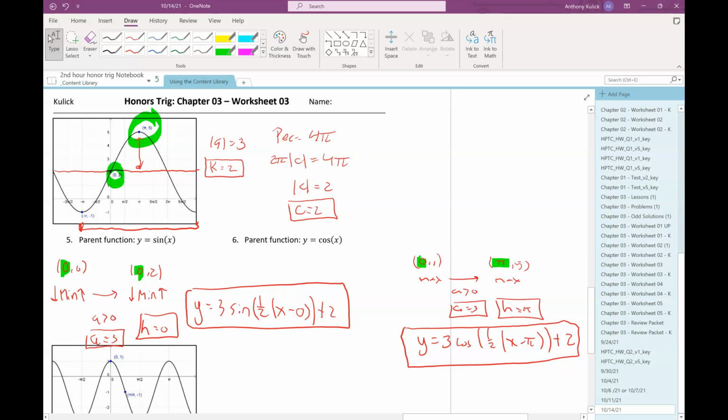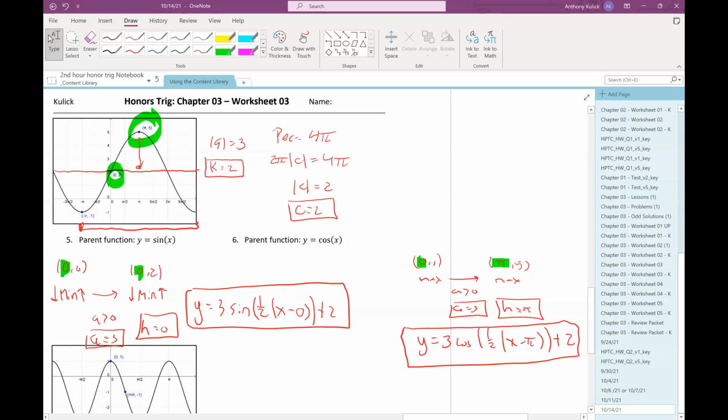If all we have is a description and we're just told a point, that point isn't necessarily fixed to be a maximum, a minimum, or a midline point. It might be able to be any of them depending on where we want to put it. So in problems where you have just a description, the k could be different between the sine and the cosine. If you have a picture, the only difference between them can be the h's and the sign on the a.